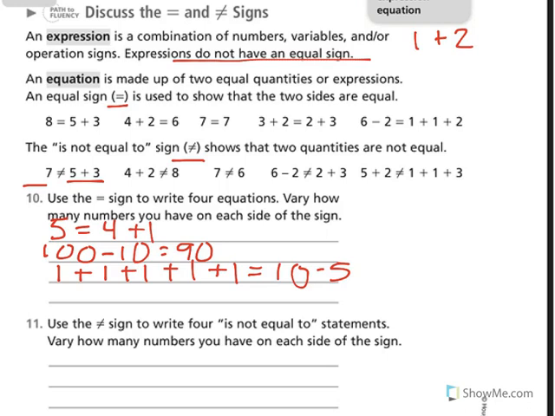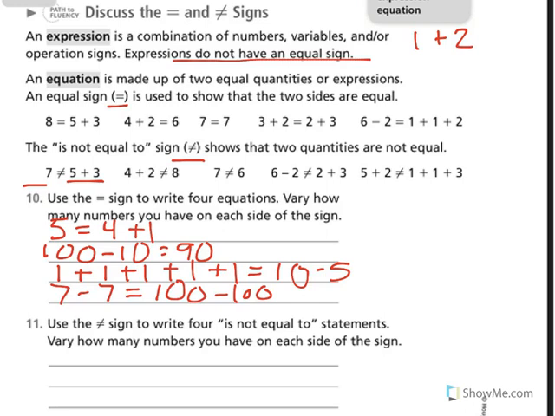Oh, because 10 take away 5 is 5, and 1 plus 1 plus 1 plus 1 plus 1 is 5. Or I could do like 7 take away 7 equals 100 take away 100, because both of those equal what?